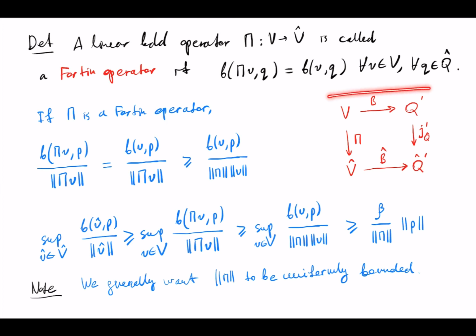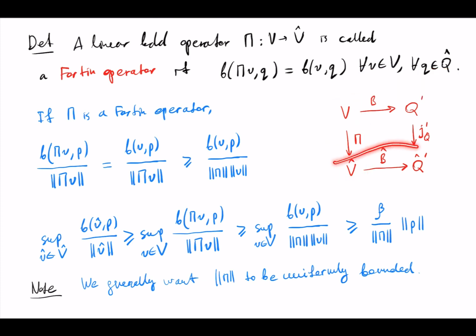In other words, this diagram commutes, where B is the operator defined in terms of the bilinear form B. B sends V to Q prime, and the Fortin operator sends V to V hat.